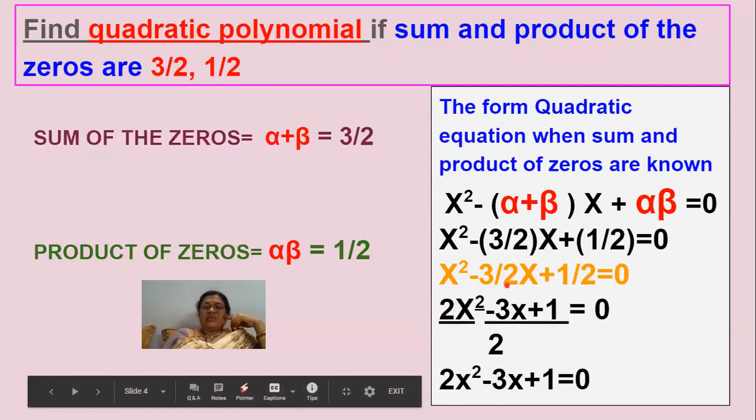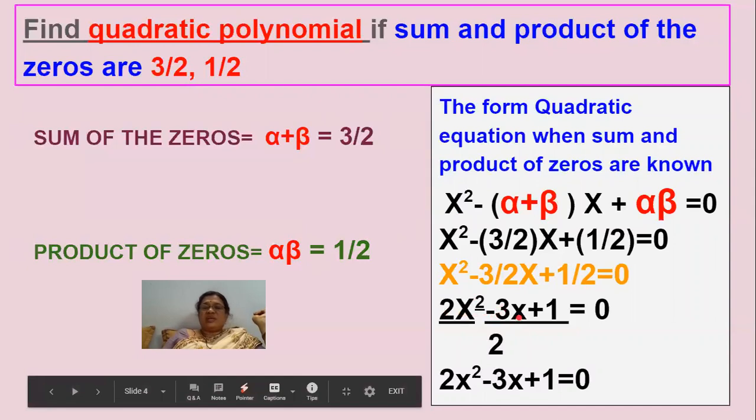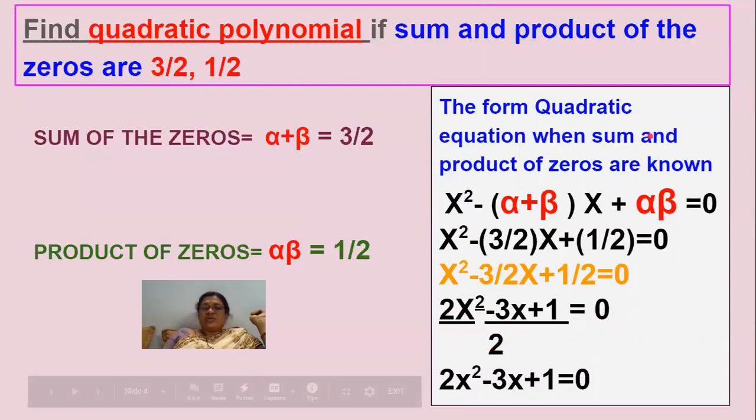And here the 2 is there in the denominator, here also the 2 is there in the denominator, so there is no need to multiply. Just simply put minus 3x here plus 1 is equal to 0. So when you cross multiply, 2 into 0 will become 0, and the answer will be 2x square minus 3x plus 1 is equal to 0.